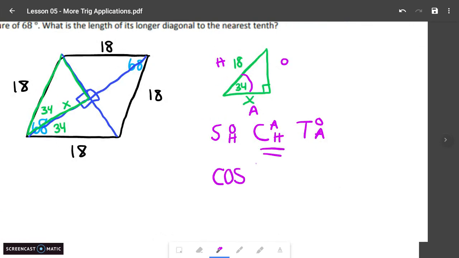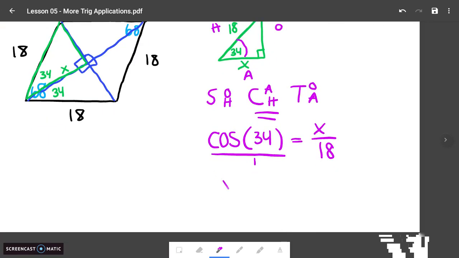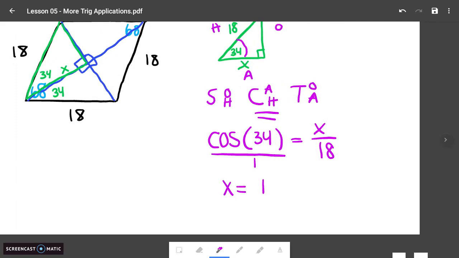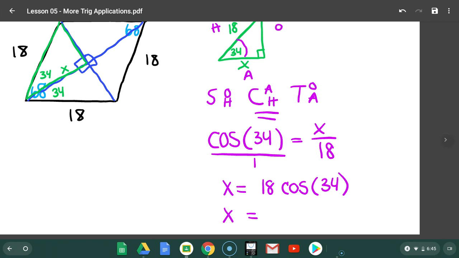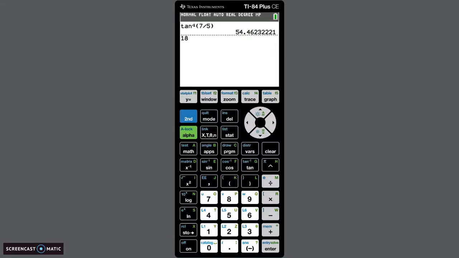So cosine of 34 is equal to the adjacent over the hypotenuse. We can stick this over 1, and we'll cross multiply. And when I go to my calculator now, 18 cosine of 34, and we get 14.9226761.